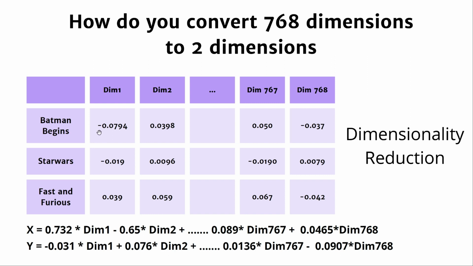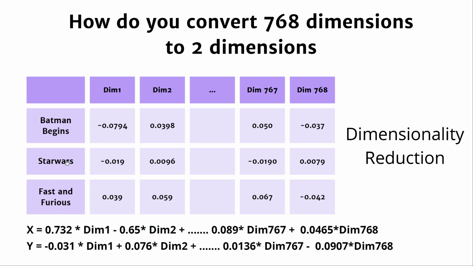Because let's say Batman Begins and Dark Knight and Joker, all these movies are together, or all the Star Wars movies are together in higher dimensions, that is 768 dimensions. You want to preserve the same thing, that all the Star Wars movies are closer together in a cluster, even in a two-dimension vector.